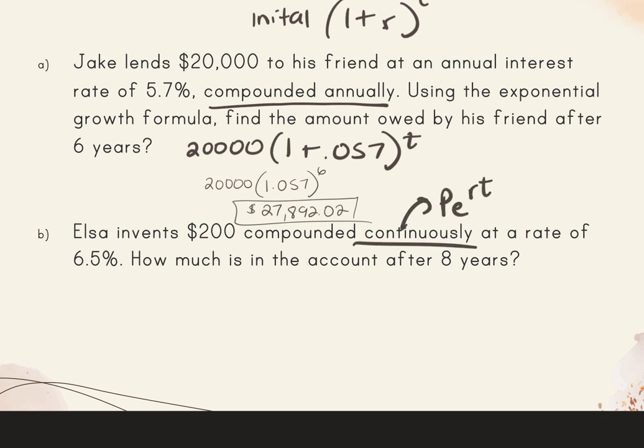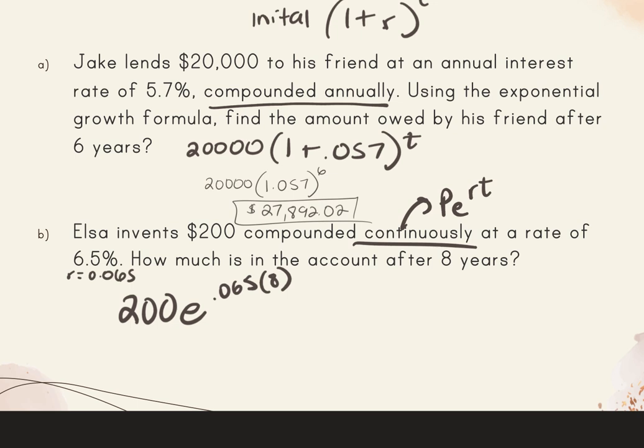So our principal amount was $200. Our base is E, and it's raised to the R in decimal form. So if it's 6.5%, it becomes what? 0.065. Good. And how many years? It says accumulated after 8 years. So in your calculator, you're going to do 200.